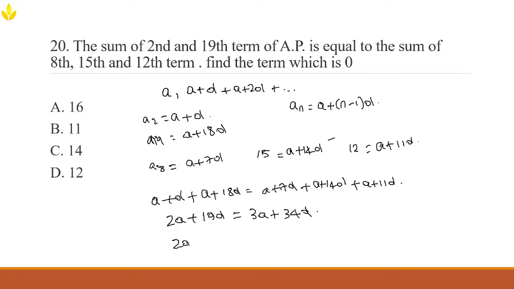So that is 2a plus 19d minus 3a minus 32d is equal to 0. 2a minus 3a is minus a, and minus 32 plus 19 is minus 13d, that is equal to 0.